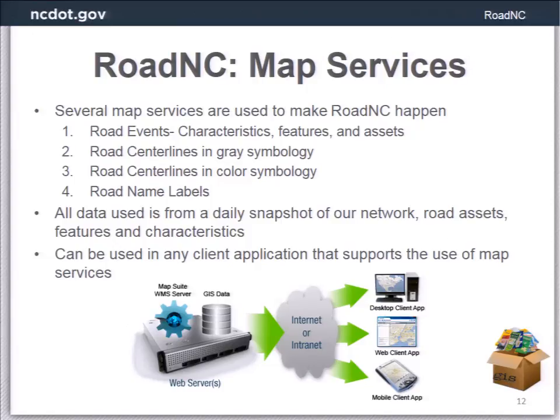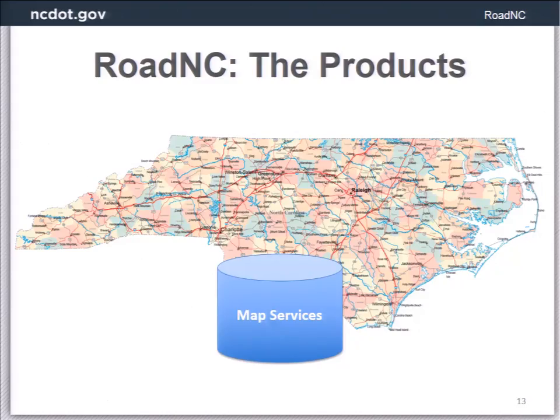And it can be used in any application that supports the use of map services, so that you can pull these map services down into ArcMap, into MicroStation, and mobile applications. Now that we've got our map services established, we needed a way to view the data in an easy-to-use way.